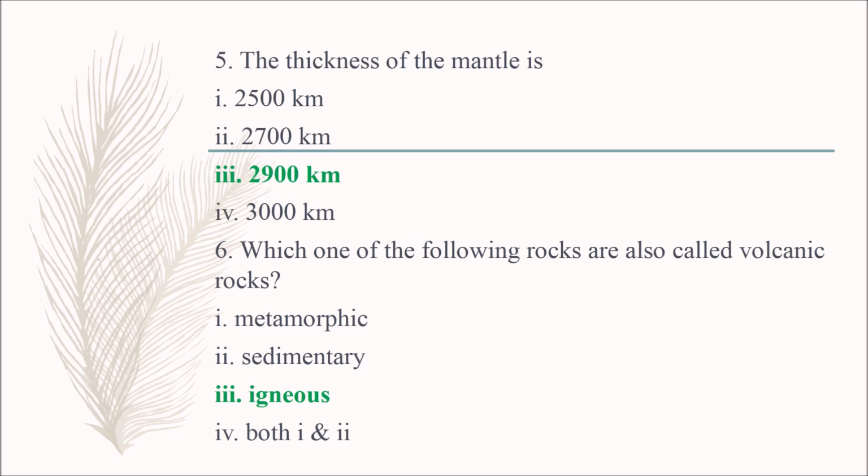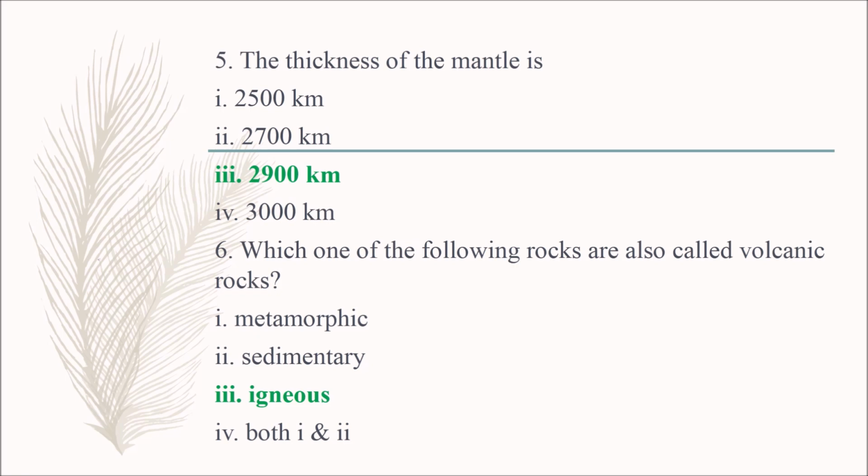The thickness of the mantle is: option 1, 2500 km; option 2, 2700 km; option 3, 2900 km; option 4, 3000 km. So the correct answer is option 3, 2900 km.